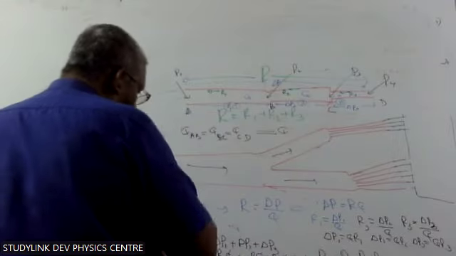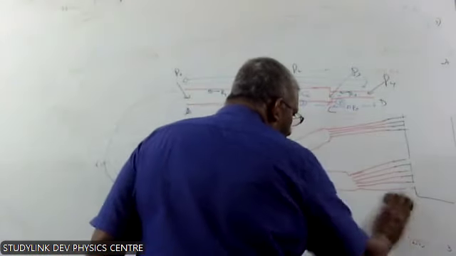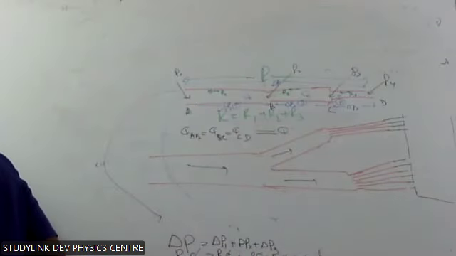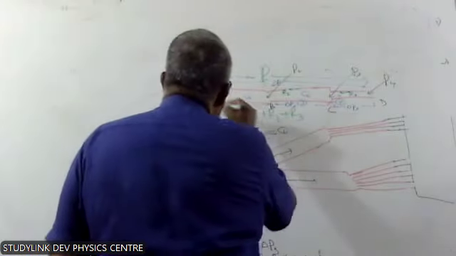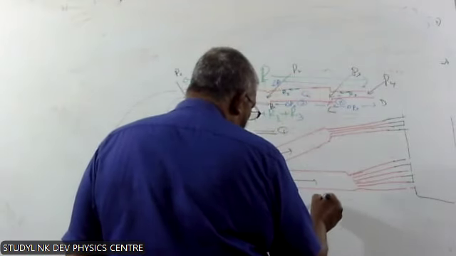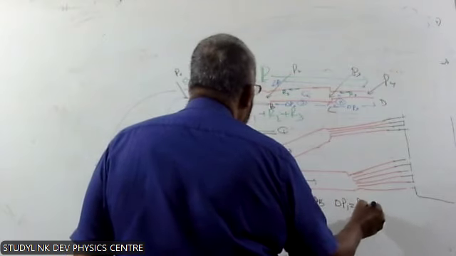If you consider like that, then we can say for A to B, delta P1 is P1 minus P2.